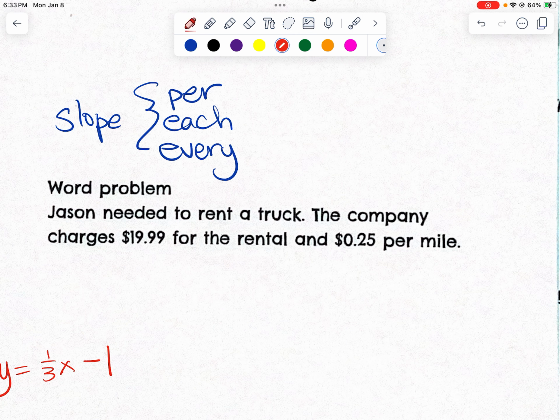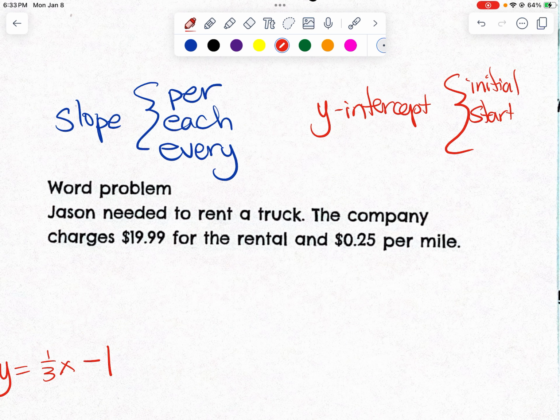Then for the y-intercept, sometimes you have initial for an initial value or a starting value.